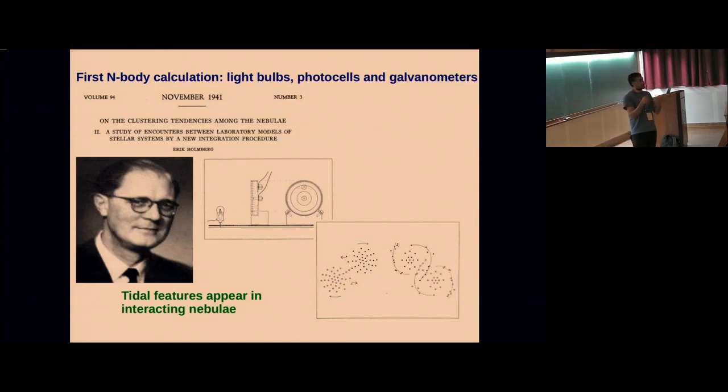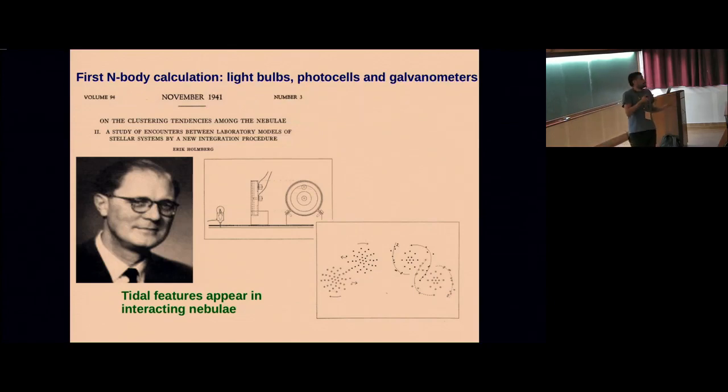From these galvanometers, you could measure how much light was being received, and translate that into a gravitational force. So he was writing down for each of the light bulbs the intensity of the light, and then moving them by hand.